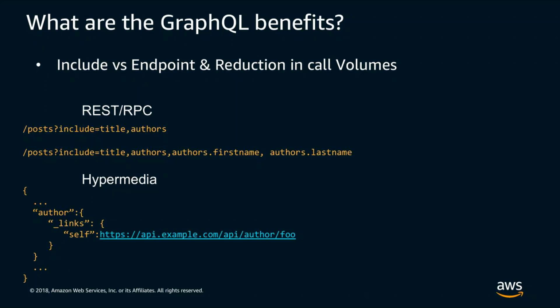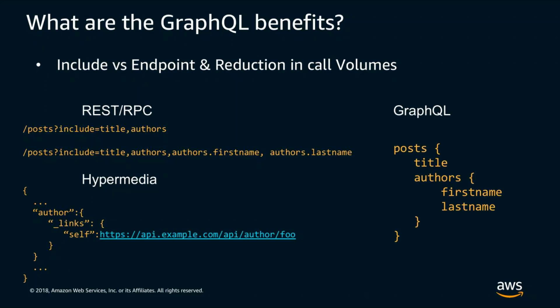So the client now makes calls to the links that are specified in the response in order to get more information. But let's say that you have a post that returns 20 items, and each item has authors, like 2 authors to each of the posts. You will be at least making 21 calls to your backend.